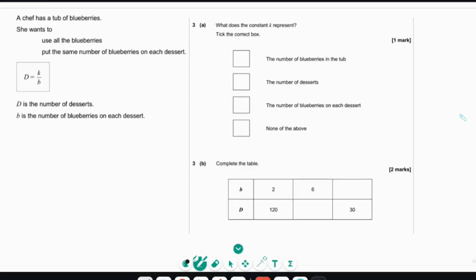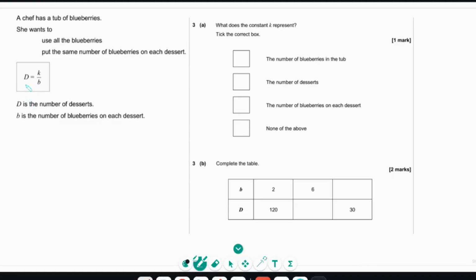A chef has a tub of blueberries. She wants to use all the blueberries, and put the same number of blueberries on each dessert. D is the number of desserts, B is the number of blueberries. So can you see that they are in inverse proportion? What does the constant K represent?